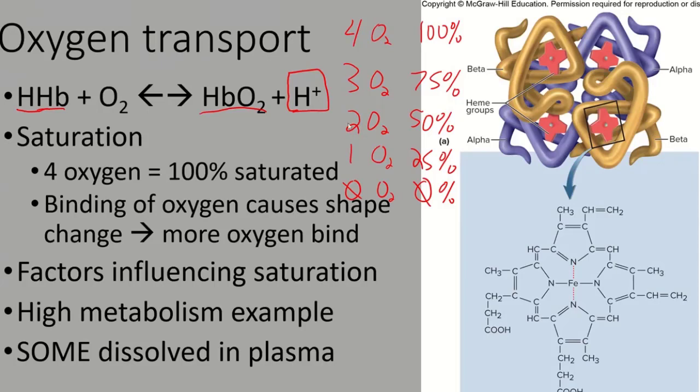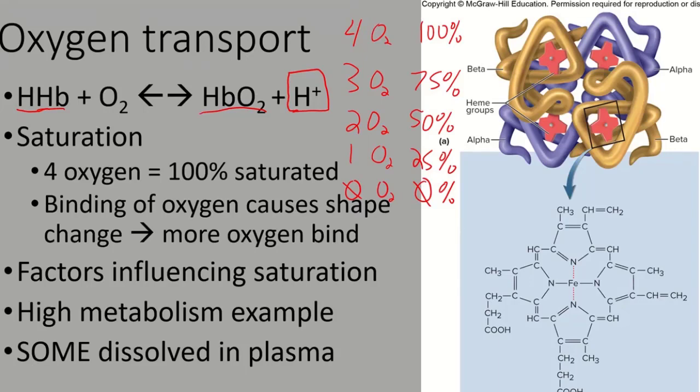What happens when we add an oxygen? It changes shape. And it changes shape to produce a new shape that likes oxygen even more, making it easier for a third oxygen to attach. And when that third oxygen attaches, it changes shape again, and now it likes oxygen most of all, making the fourth oxygen easier to attach.